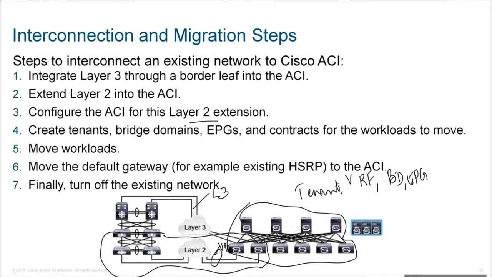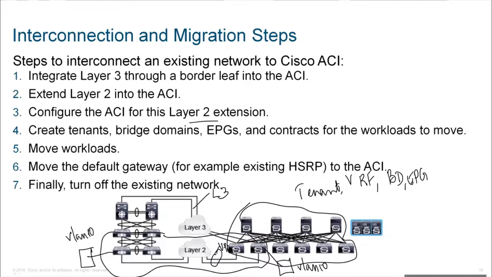But here's what we have. I may have some servers of the application here and some servers here. And that could mean VLAN 10, there might be some servers here and some servers here. So where should my default gateway be?